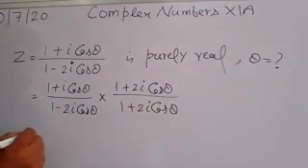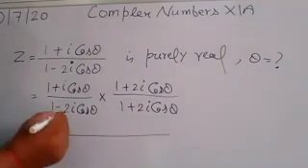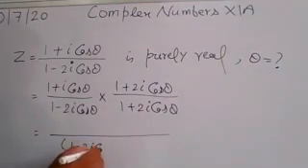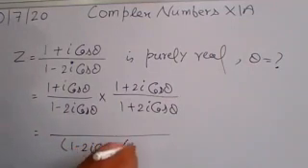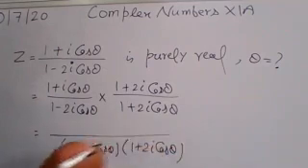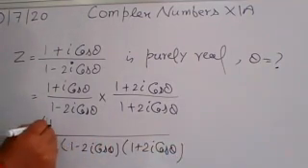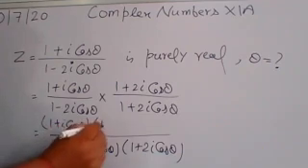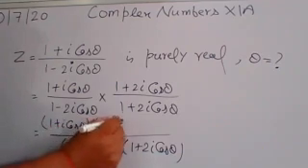Now taking the LCM, you have (1 − 2i cos θ)(1 + 2i cos θ) as the denominator, and (1 + i cos θ)(1 + 2i cos θ) as the numerator.